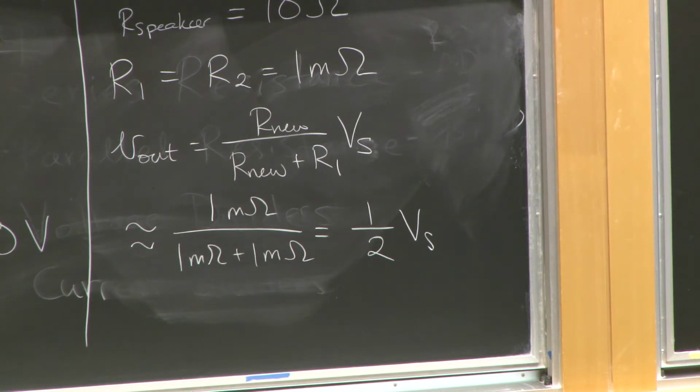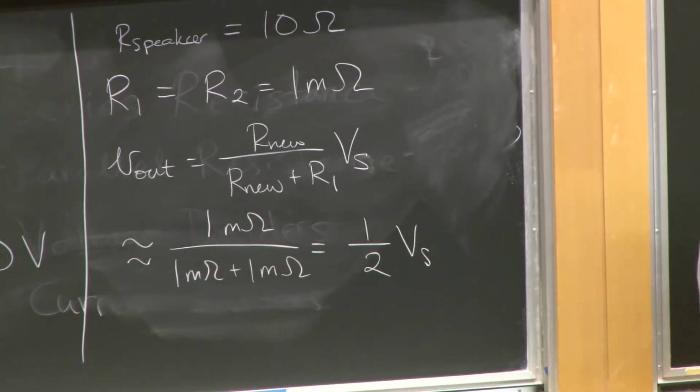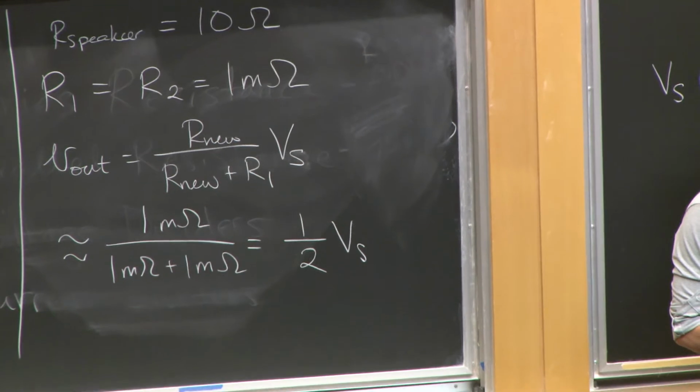Okay, now what's the downside of using, yes? You mean R2 and R1 equal to 1 milliohm? Yes, R2 and R1 are each equal to 1 milliohm. Remember that when I have parallel resistances, the equivalent, R nu, is about 10 ohms in parallel with R1.